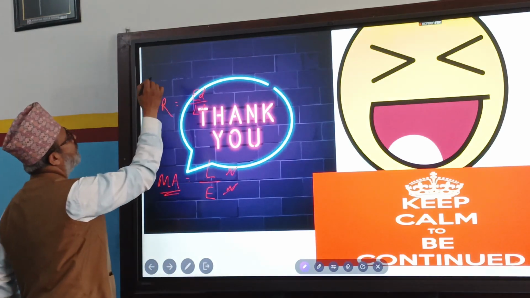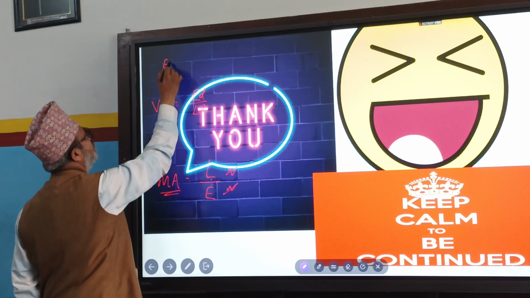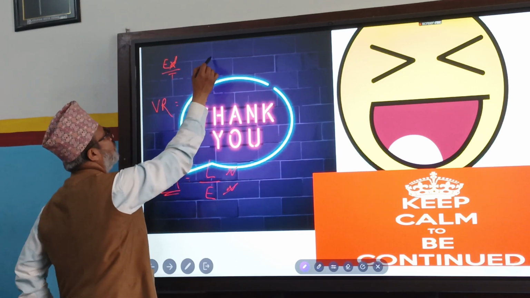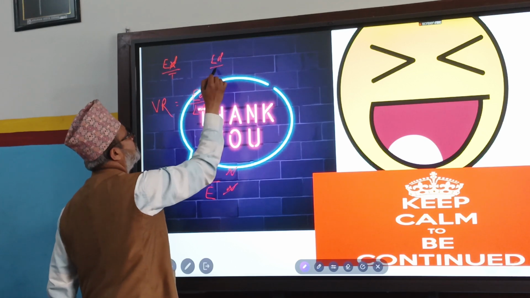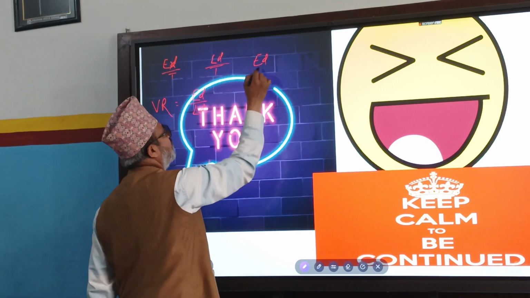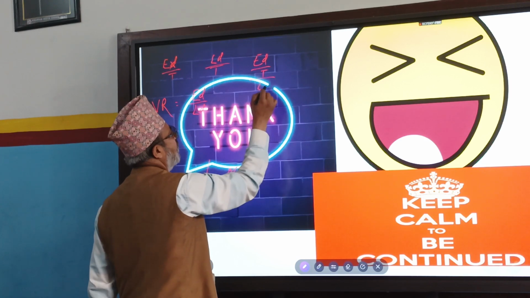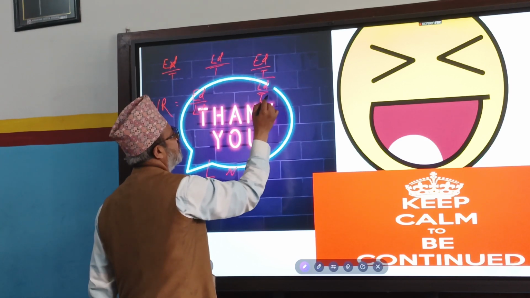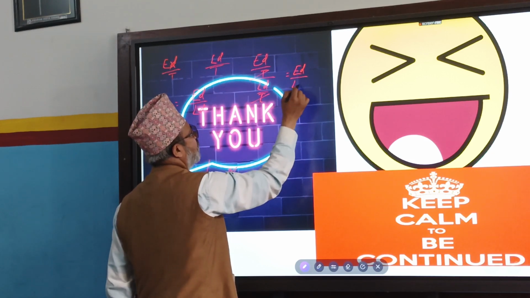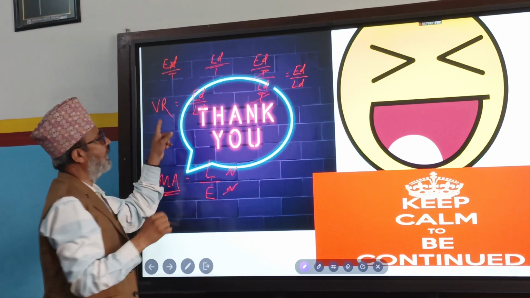Velocity of effort is ED by time. Velocity of load is LD by T. Then when we find the ratio, ED by T divided by LD by T, the T's cancel. And what do you get here? ED by LD. So this is the formula of VR.